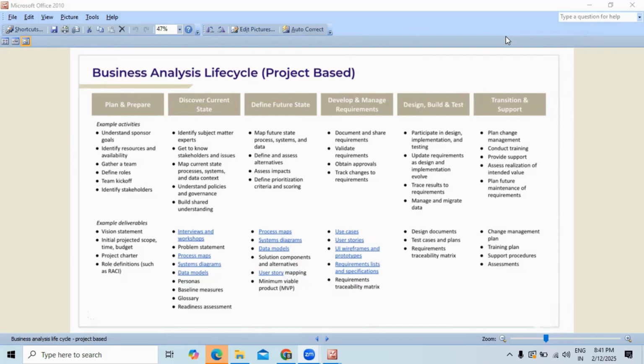Sponsor goals mean what goal and objective a customer wants to achieve. For example, they want to automate loan processing. The goal is to streamline their loan processing system, very accurate, completed in a limited time without any human errors. This is the goal they are putting in. For that reason, they want UiPath to be implemented here.